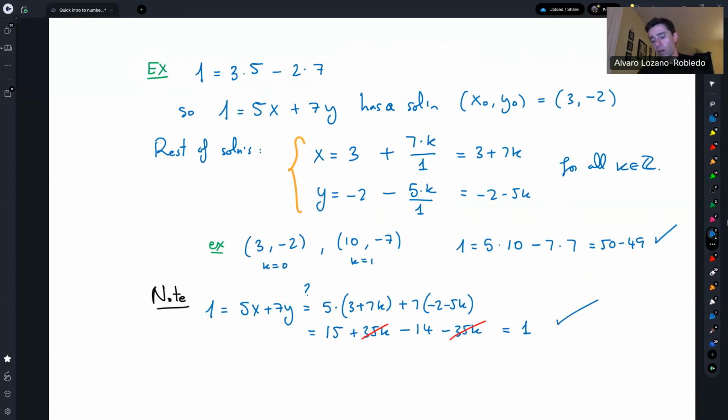So it works, and that's why it works, because those correction factors just cancel out, and it reduces to the solution of Bezout's, which was given by the initial solution that we found using Euclid's algorithm. Okay, so then next, what we're going to do in the next video is talk about congruences and congruence classes.